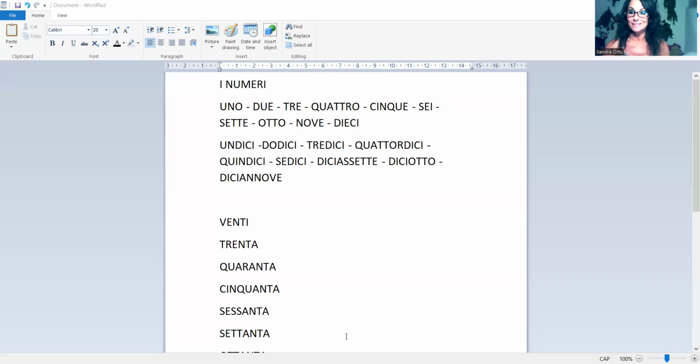So sometimes students start getting them confused, and they just make new numbers by mixing the languages, or they say certain numbers in another language when they speak in Italian.